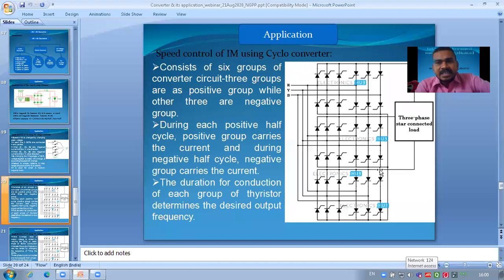So we can change the output frequency by switching the positive group of SCRs as well as the negative group of SCRs. Using this cycloconverter, we can control the speed of a 3-phase induction motor. It is a 3-phase cycloconverter.